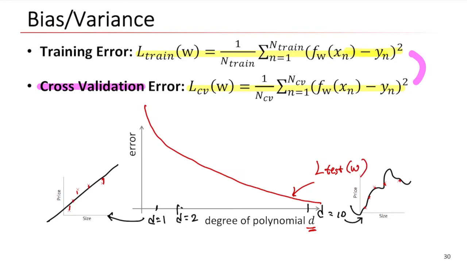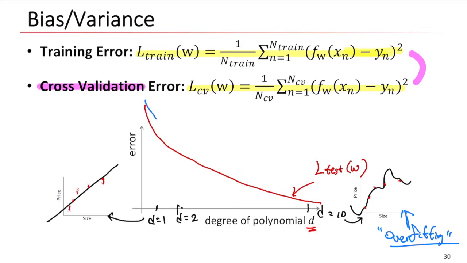Then what about the cross validation error? We already know that if there is an overfitting problem like this, the generalization power is limited, right? So what does it mean?